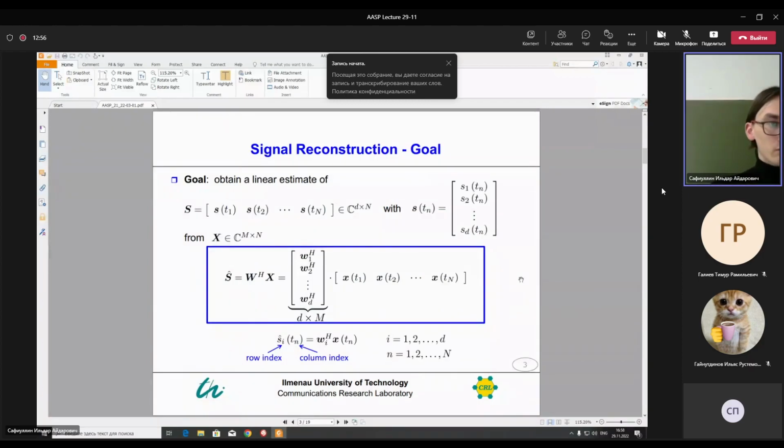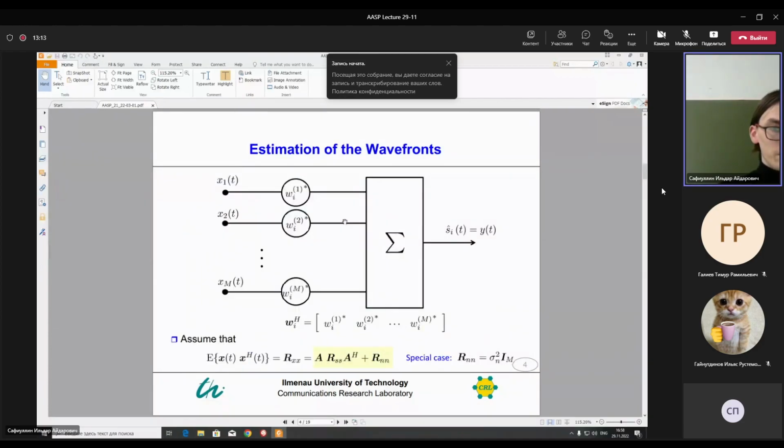In this case, our goal is to obtain a linear estimate of this matrix S with the following values inside of vectors. Here we have the same spatial covariance matrix of the measurement matrix.